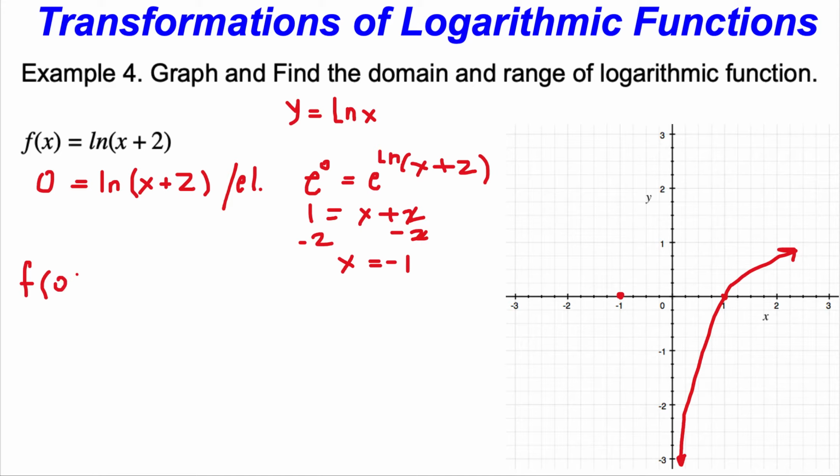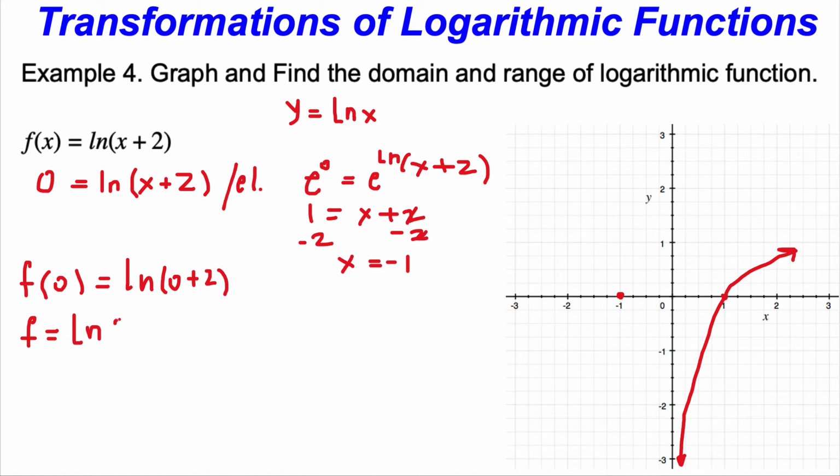So whenever there is x, I'm going to plug in a 0. So ln of 0 plus 2, which is ln 2. And f of 0 is equal to ln 2.